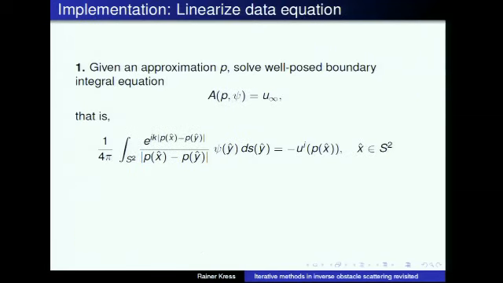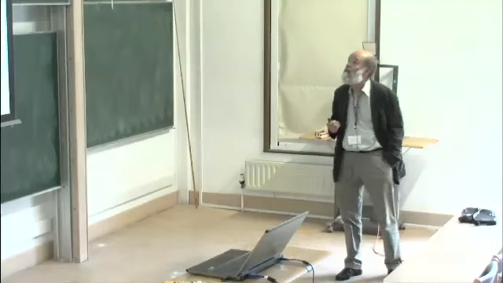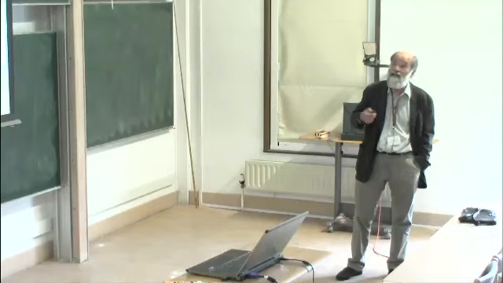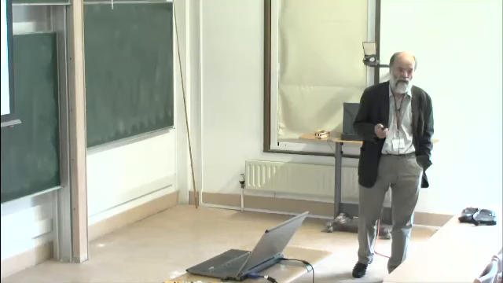And the implementation, I'll just talk about one possibility: linearize the data equation, so we have to solve this well-posed singular integral equation, and the way we have implemented it is using spectral quadrature rules going back to Wienert, with more recent results of Ganesh, Graham, and Sloan, and they have a high approximation degree, so you can solve the three-dimensional problem using something like 150 or 200 integration points only.